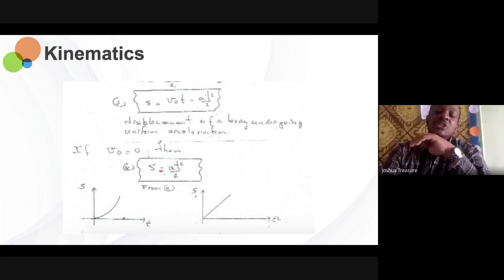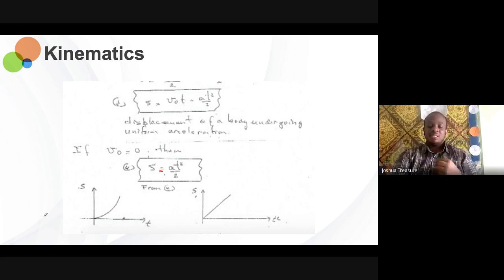So say V0 is our initial velocity, and if the body started at rest, then V0 would be 0, and then it accelerated by a constant acceleration, right? Then we'll be able to find how much ground, or the displacement, of that particular object.